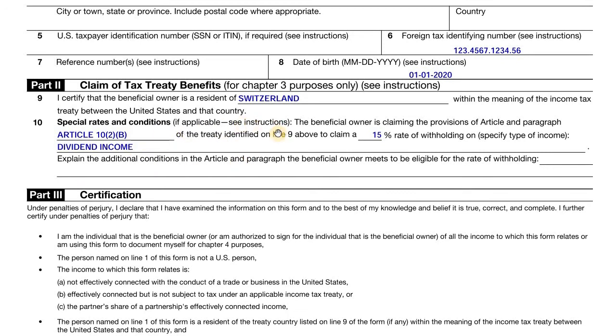So if I'm buying and selling stocks and U.S. equities, let's say I'm going long on certain equities, so my plan is to buy and hold for a couple of years, right? I'm looking for the appreciation, and some of those might be dividend-paying companies. I don't want to be subject to the 30% rate, right? I'm going to save half the tax by claiming the preferential rate under the Swiss treaty.